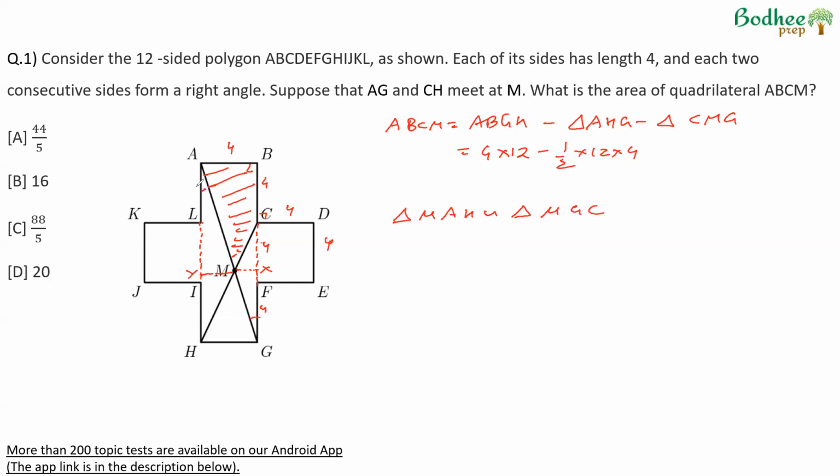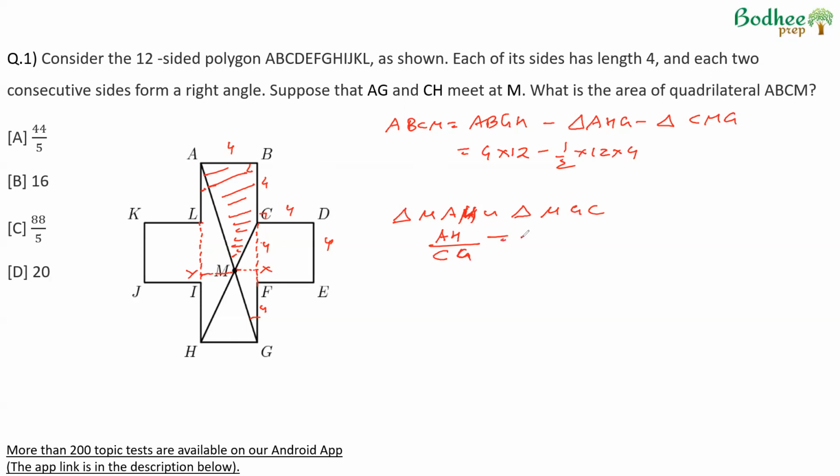These two angles will be equal since AH and BG will be parallel. In similar triangles, ratio of height is equal to ratio of sides. And therefore, we can say AH upon CG will be the ratio of sides. This should be the ratio of height.